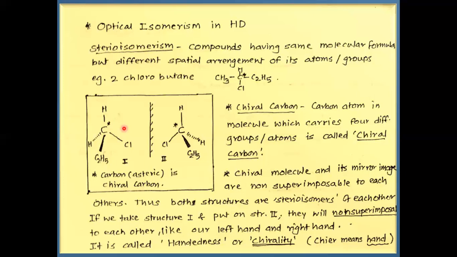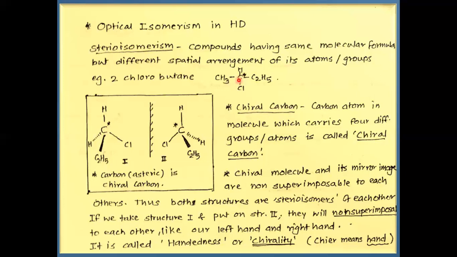Now look, this carbon has a star mark. It is called an asterisk carbon, or also a chiral carbon. What is a chiral carbon?